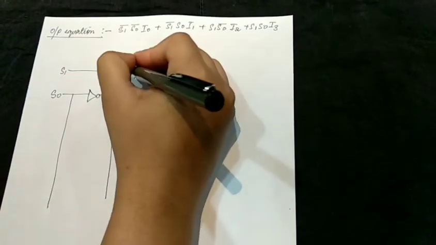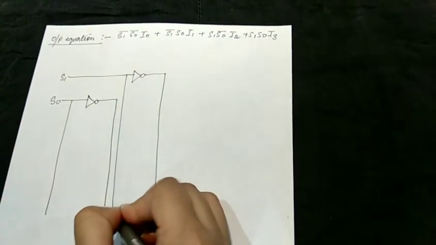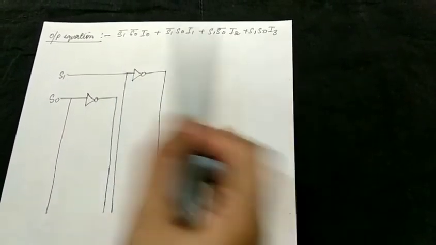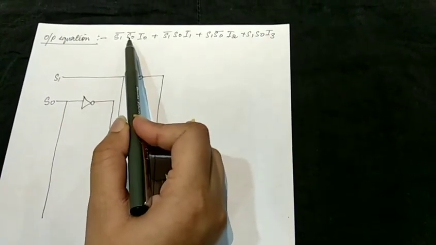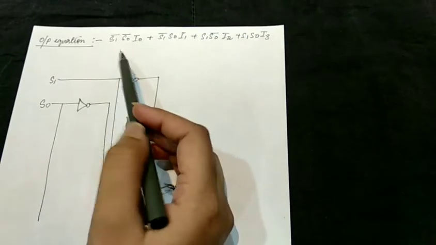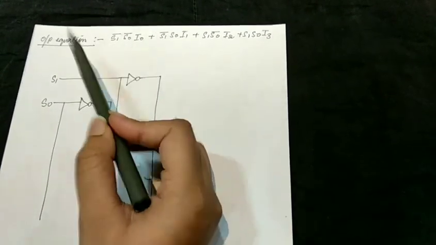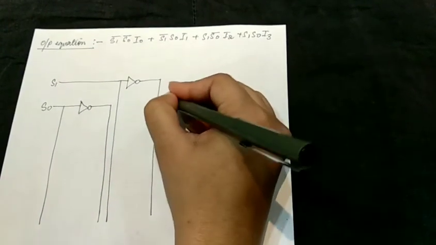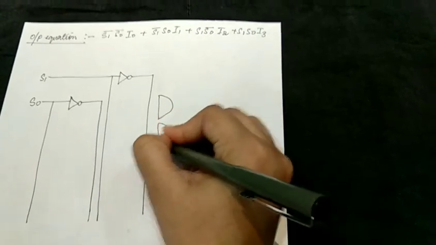This is S1 complement and this is S1. Now, I need all the combinations of S1 and S0, for which I will be using an AND gate. And since there are 4 different product terms in the output equation, I will be requiring 4 AND gates. So these are my 4 AND gates.